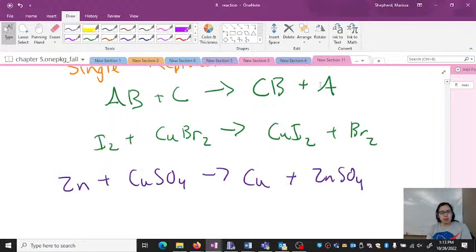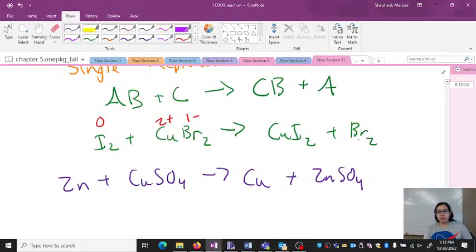And so again, you're starting in your elemental form. So if we take this iodine example here, iodine, again, elemental form, so it's going to start off in 0. Then what's my oxidation state of copper? So in this case, double check it, because we get copper 2, and then bromine is -1.